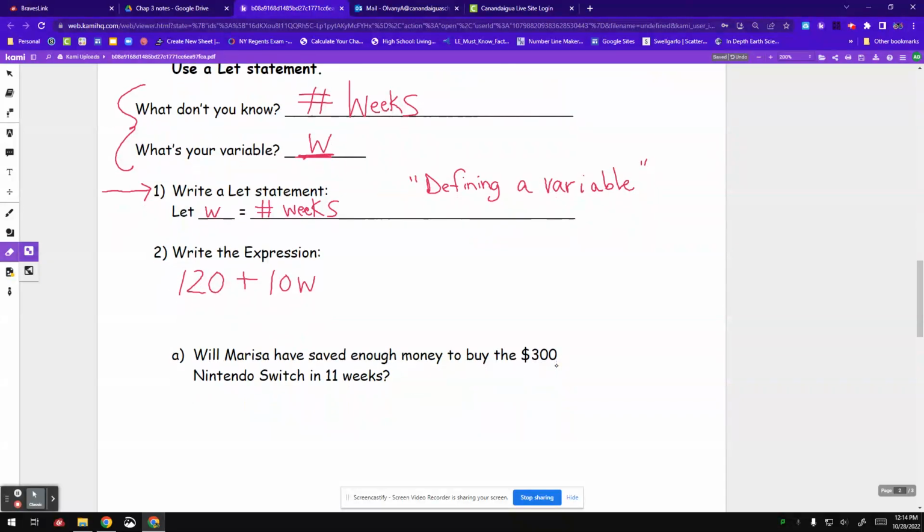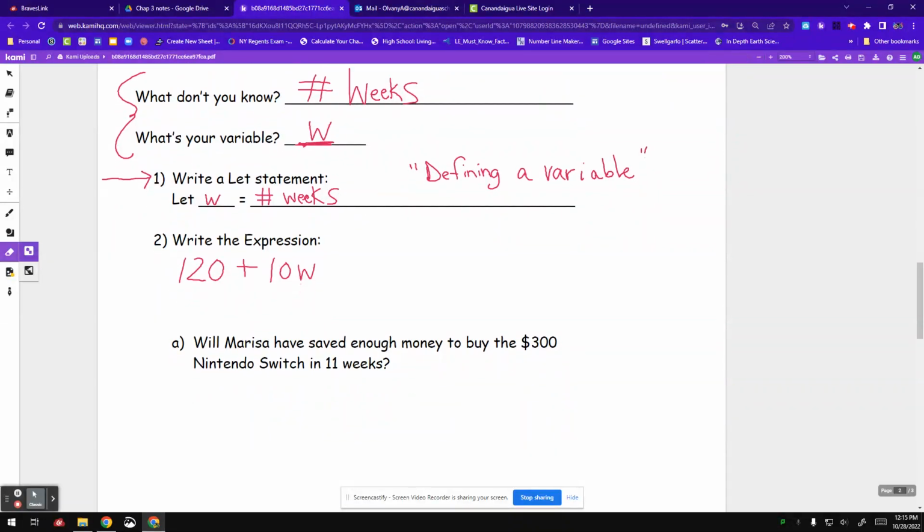Now part A of this says, will she have saved enough at the end of 11 weeks? So we're going to take that expression, 130 plus 10 times the number of weeks, 10 times 11. Order of operations, remember: parentheses, exponents, multiply, divide, left to right, add, subtract, left to right.